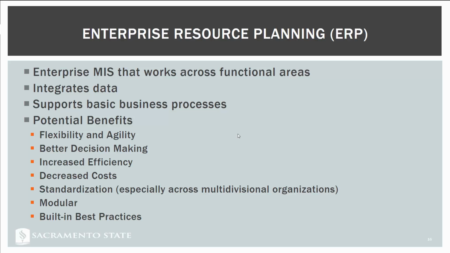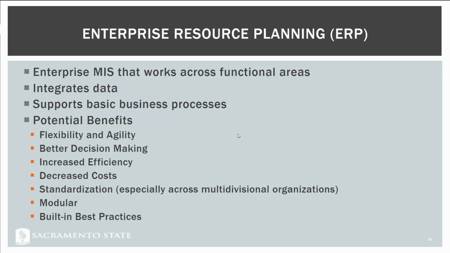All right, and so these huge, enormous systems have centralized databases. The data is integrated together, and so all of the different business units, the different concentrations, the different functional areas, use the same systems. Now, this isn't always the case, but that's the idea.